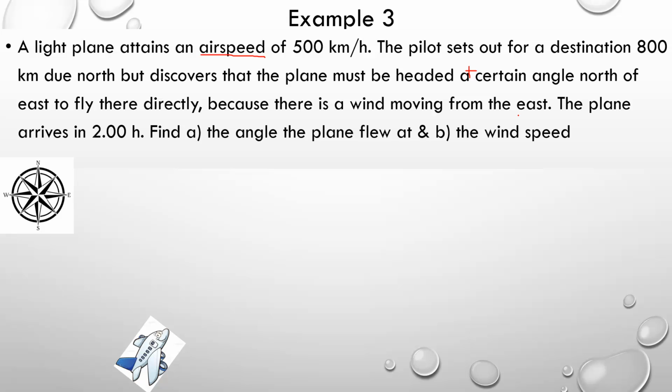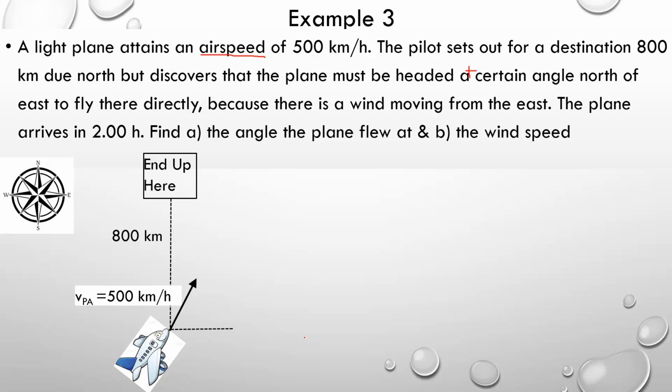So you have to really pay close attention to the wording here. The plane will start somewhere here and wants to end up here, and we know that that distance is 800 kilometers. And we know that the plane will want to head in that sort of direction because it'll want to go a little bit against that side wind.